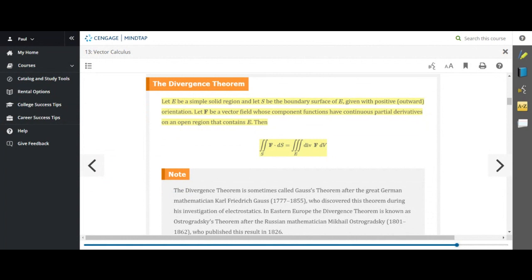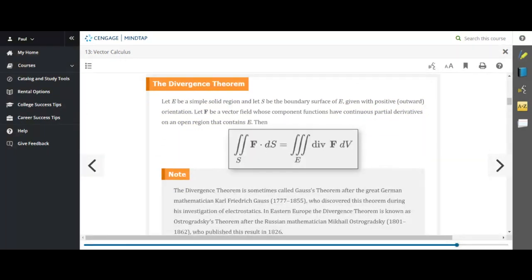Well, then let F be a vector field whose component functions have continuous partial derivatives on an open region that contains this solid E. It turns out that the flux across this closed surface is going to equal the triple integral over that solid E of the divergence of your vector field.